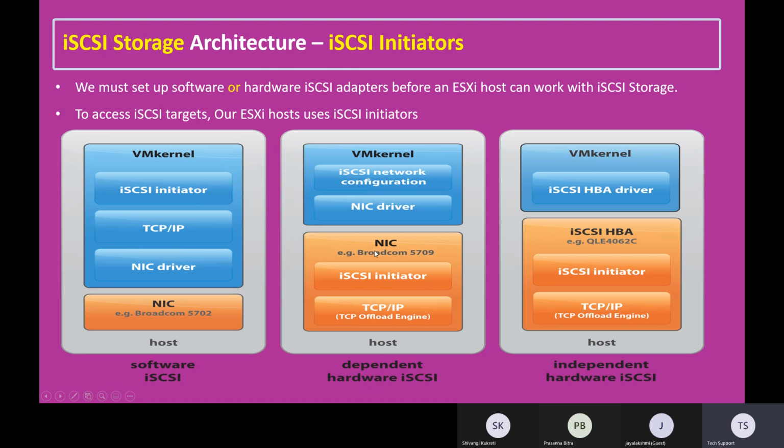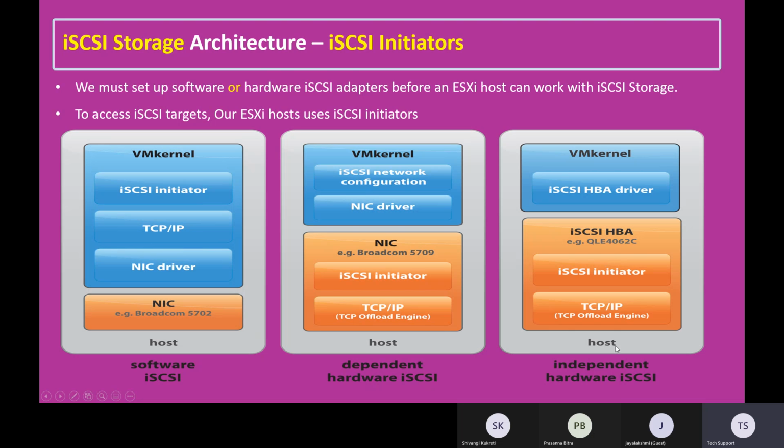If you want to choose the specific model, remember that when we were doing the server installation, we verified the VMware compatibility guide. Same way, when you are purchasing the specific dependent hardware iSCSI, you can verify in the VMware compatibility guide and validate that this hardware is supported to configure hardware iSCSI. If it is supported, then only you can choose this specific NIC card. Or else you can go with a software iSCSI.